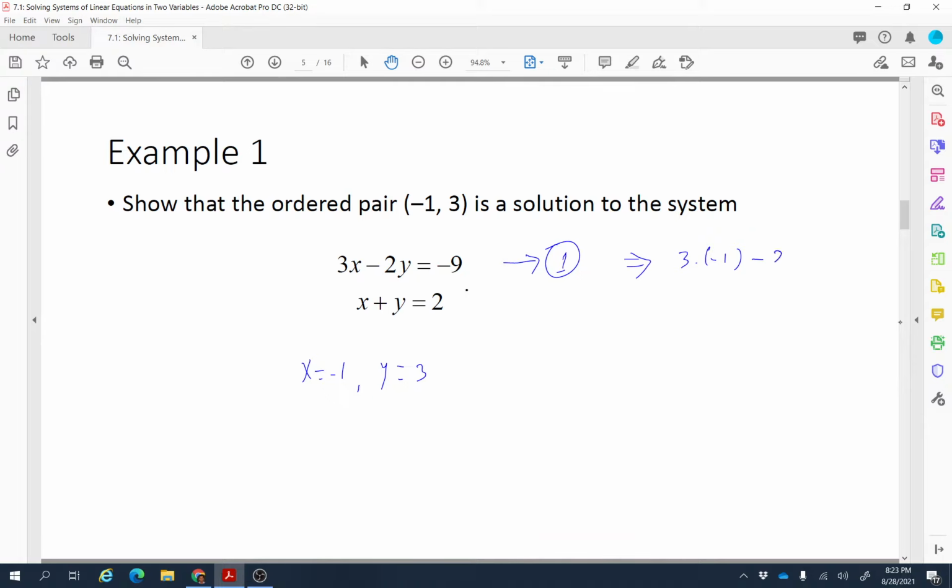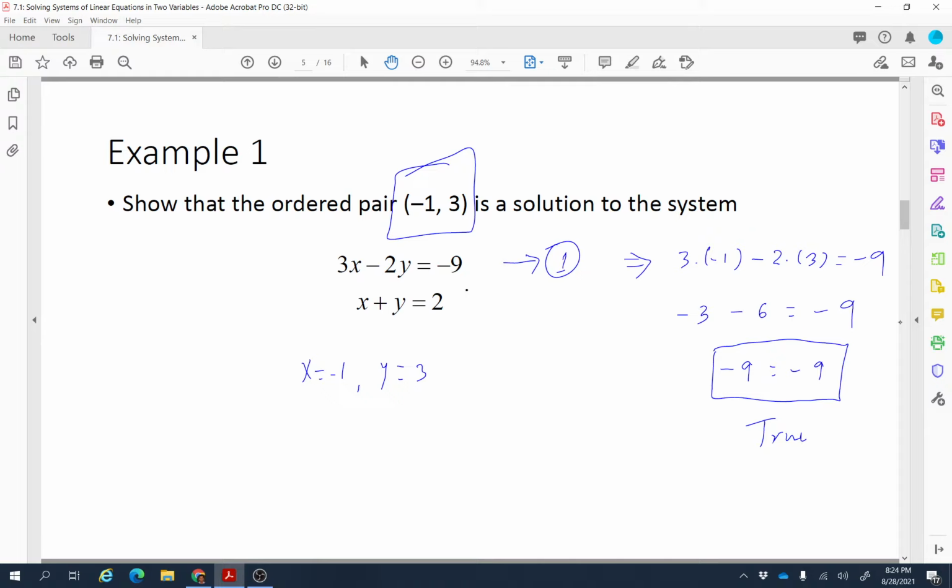Wherever you see y, replace it by 3. Let's see what happens. 3 times -1 is -3. 2 times 3 is 6. On the right side there is a -9. On the left side, if you simplify, you get -9 equals -9. That is a true statement. That means this ordered pair is a solution of equation 1.